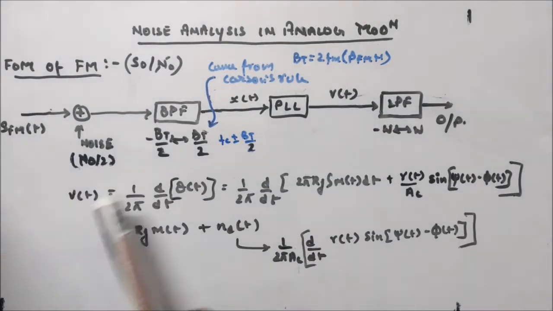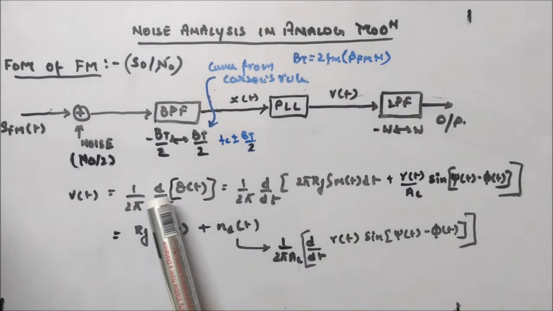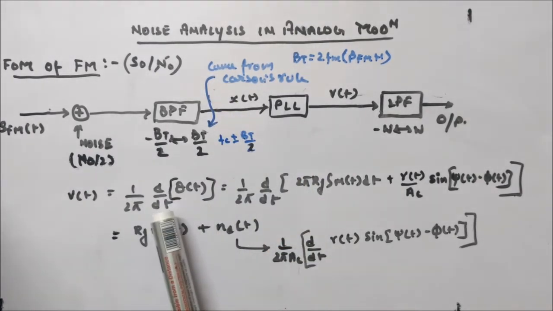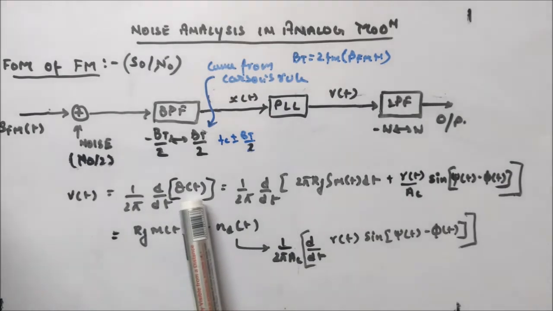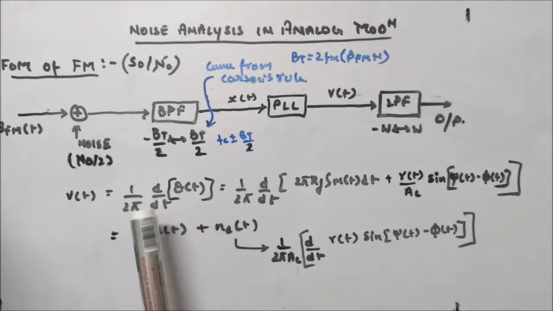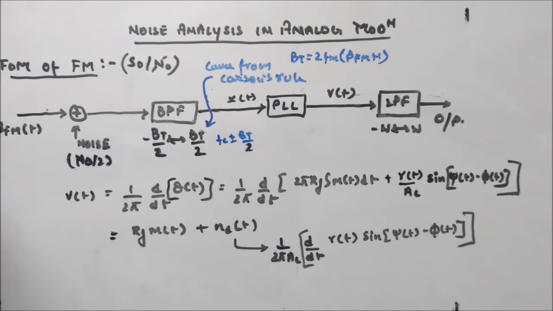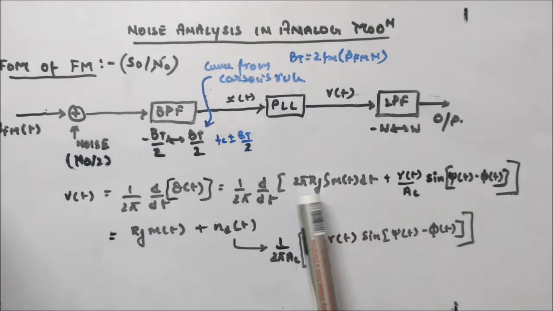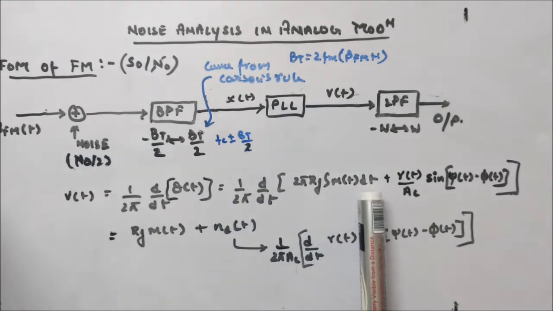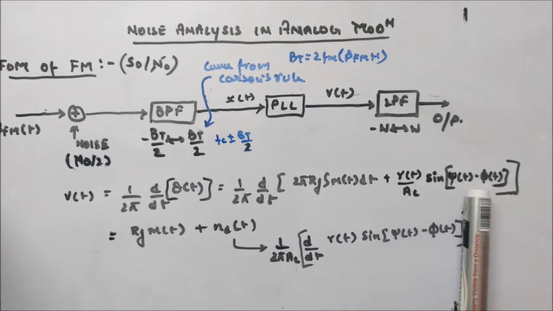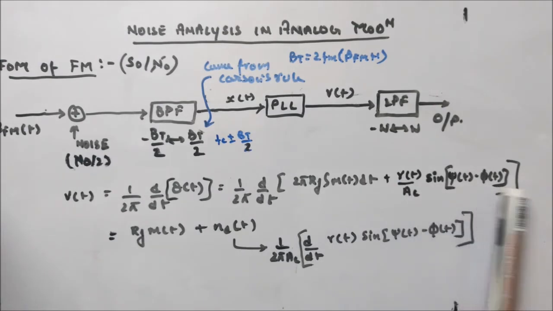Let's move on. So your V(t) will be the differentiation of the phase of x(t), which is theta(t) differentiation. Since the variation of this theta is in the omega domain, that is why I have divided it by 2 pi, so that the variation will be in the frequency domain. Now if you plug the value of theta(t) here, 2 pi kf integration m(t) dt, this is your phi(t), plus R(t) divided by AC sine(psi(t) minus phi(t)).